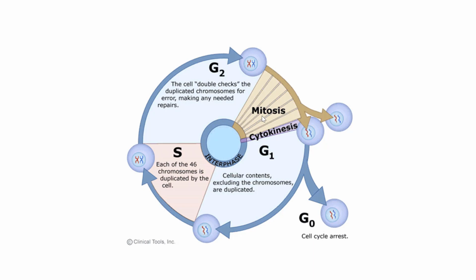During that portion, the cell is going to check to ensure that the homologous chromosomes are attached correctly during meiosis. During mitosis, there's still that spindle checkpoint, but it's just ensuring that the sister chromatids of each chromosome are both attached to a microtubule and aligned correctly.